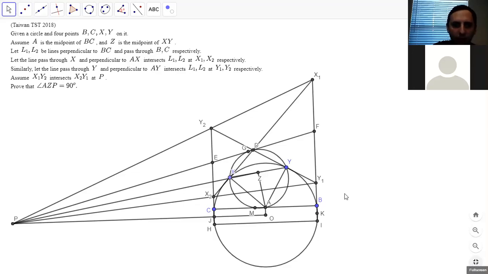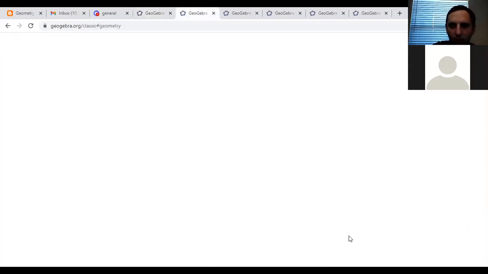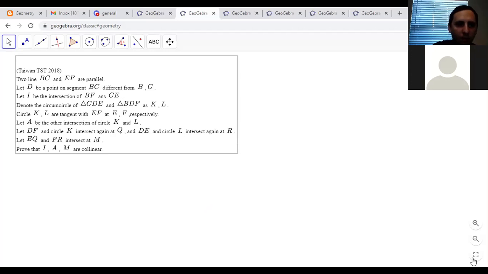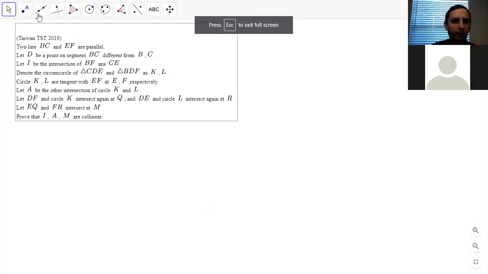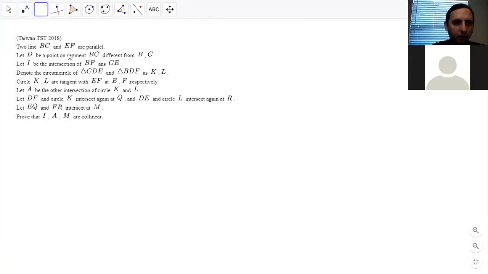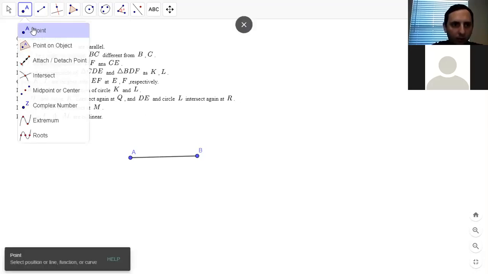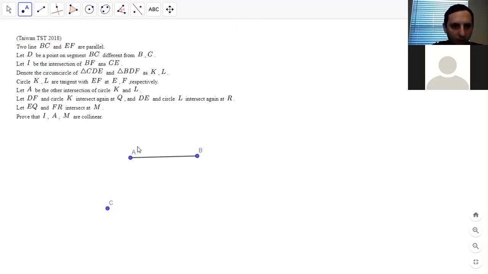Okay, so we have two lines BC and EF that are parallel. So I'm going to redraw this in just a second. Draw parallel.